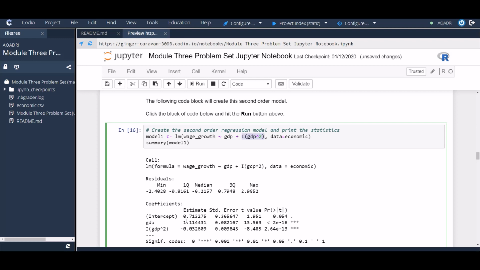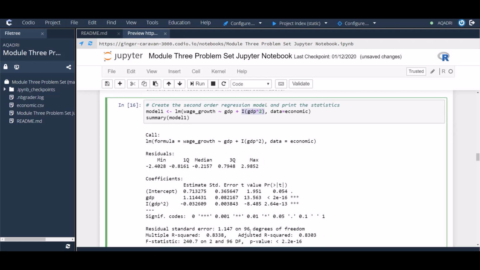Okay, so you get your estimates. Here you have the individual t-tests, and you will notice that both the first order term for GDP and the second order term for GDP are significant. Okay, because the p-values are almost zero here.